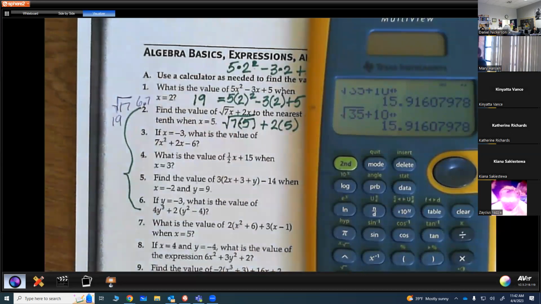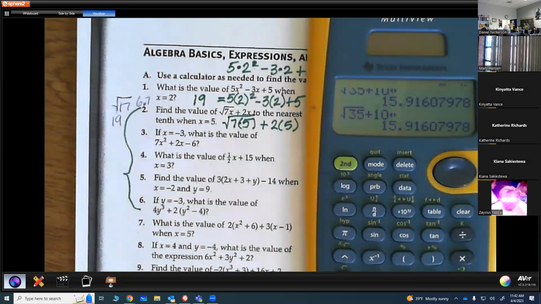Curtis, do you want to plug that in and make sure you got the right answer? First time I got that there. So the square root goes over the 2 plus 5. Here, the square root ends. The plus 2 times x is not under the square root.